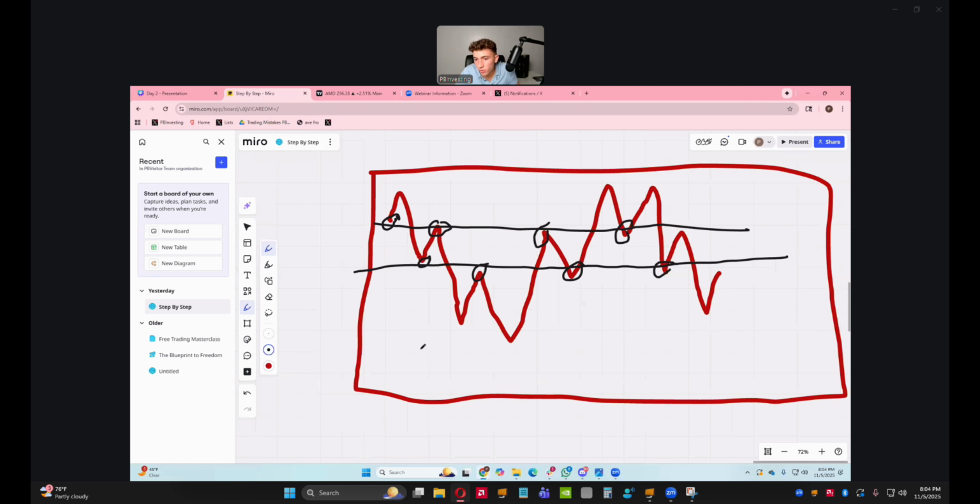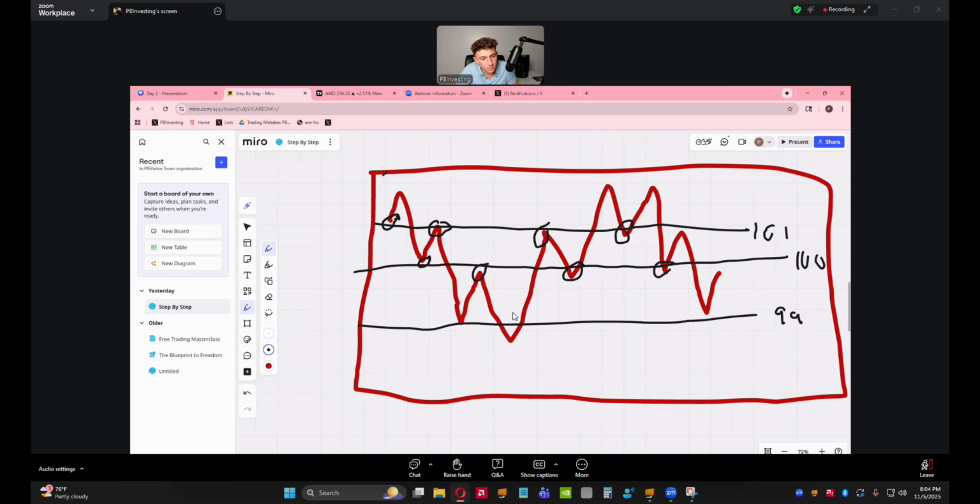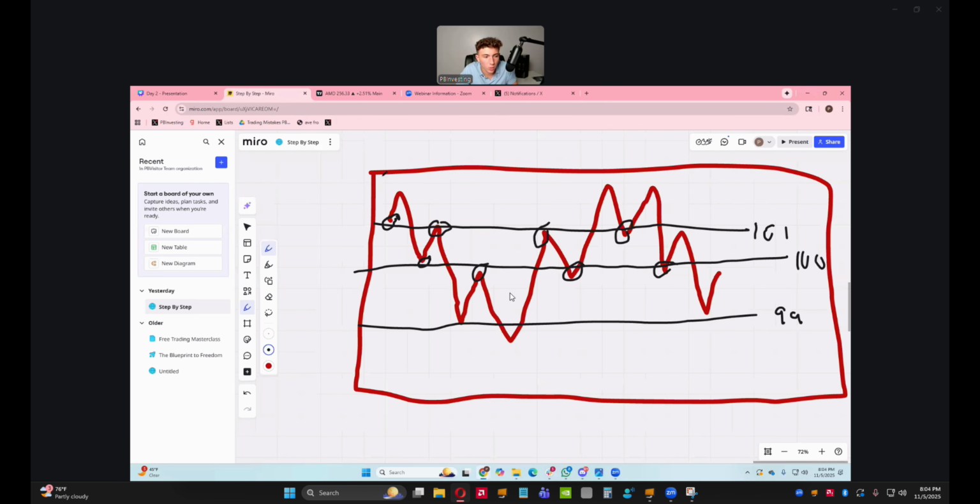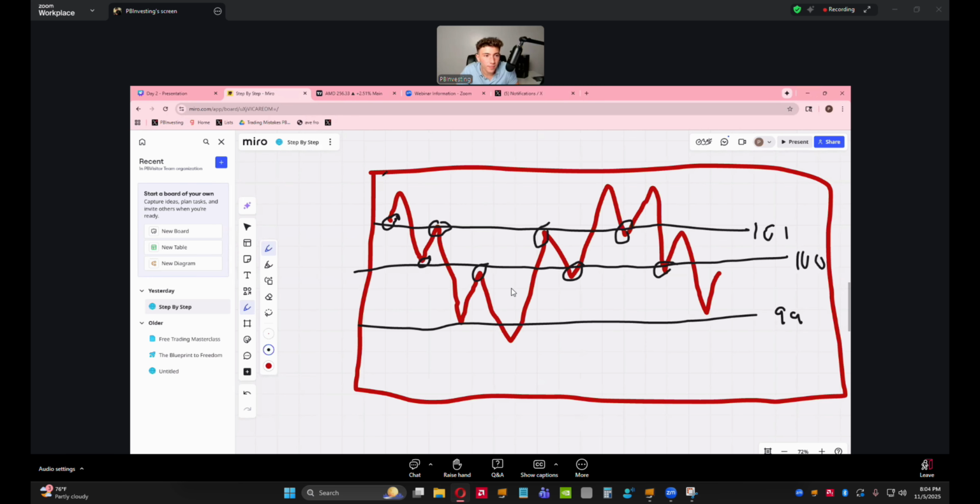Now that you see this chart, if a stock breaks under 101, where do you think it's going to go to? Breaks under 101. Why do you think it's going to go to 100?